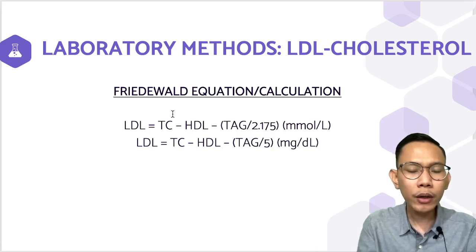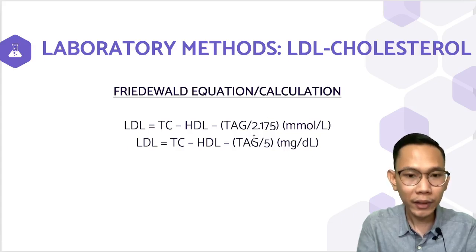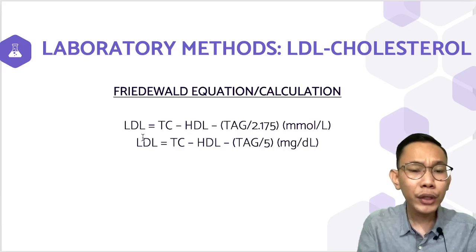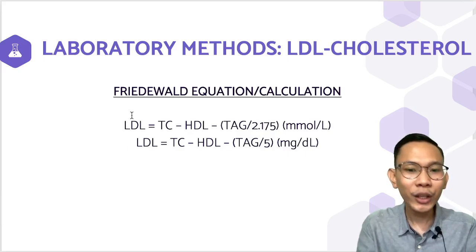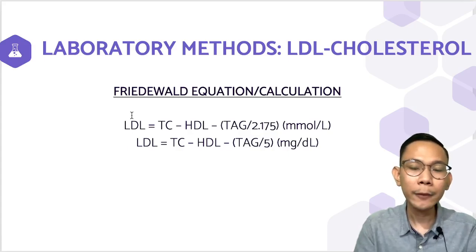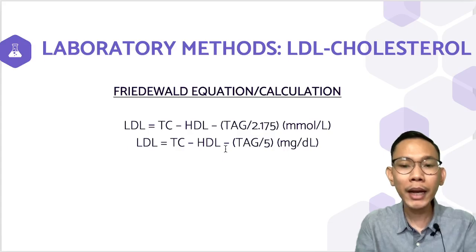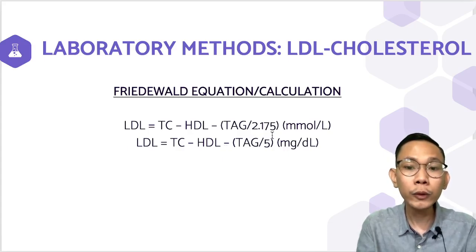Your total cholesterol subtracted by your HDL subtracted by your triglyceride over 2.175 to get now the level of your LDL in SI unit. If you want to get the level of your LDL at a conventional unit or milligrams per dL, ang formula natin is the same. Your total cholesterol subtracted by your HDL minus by your triglyceride over 5.